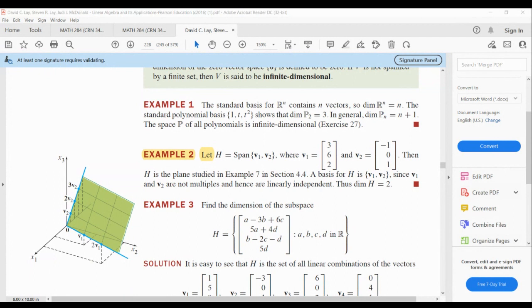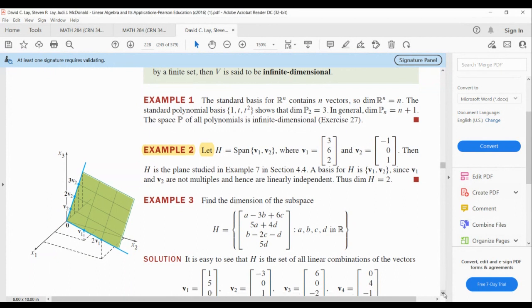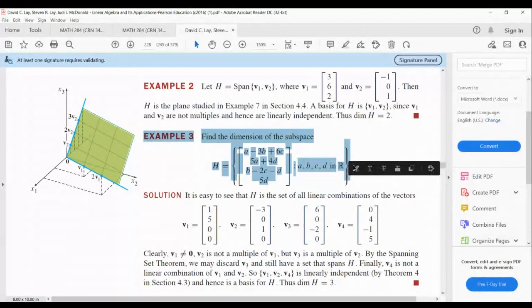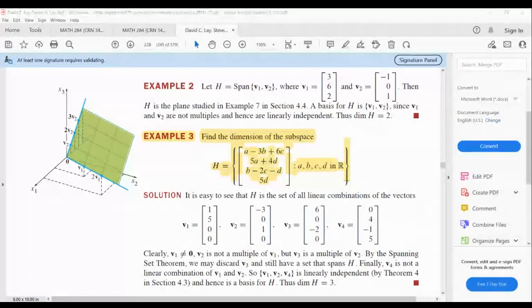Are there any questions on example 2? Okay. Let's move on to example 3. In example 3, they want you to find the dimension of this subspace.